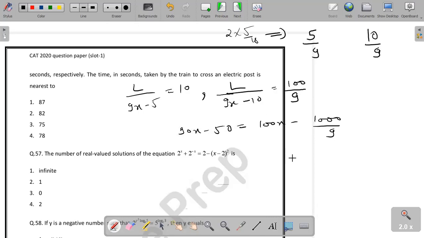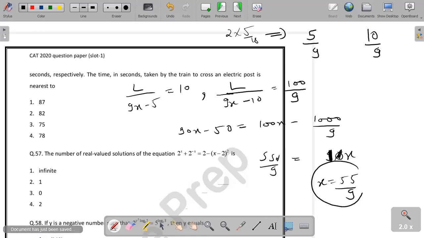So now I have to subtract, that is 10x is equal to 450 and 550 by 9. To cancel out, x is equal to 55 by 9. What they asked is to find L by X, right? L by X is the main motive of mine to find.